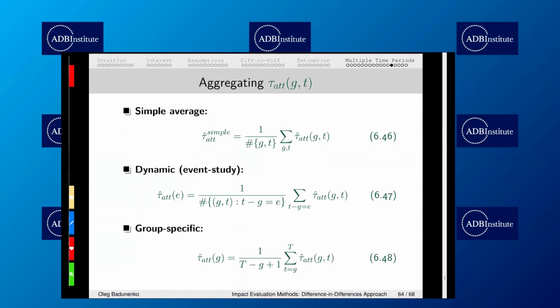Okay, what about aggregation? And I will pay quite a lot of attention to that. And you will see why it is important, because when we have multiple time periods and we have groups that were treated in different time periods because we have a staggered adoption, we really want to see in which year which effect actually took place and go from there. So the simple average here, given in formula 6.46, is the average over all possible groups that we have here.